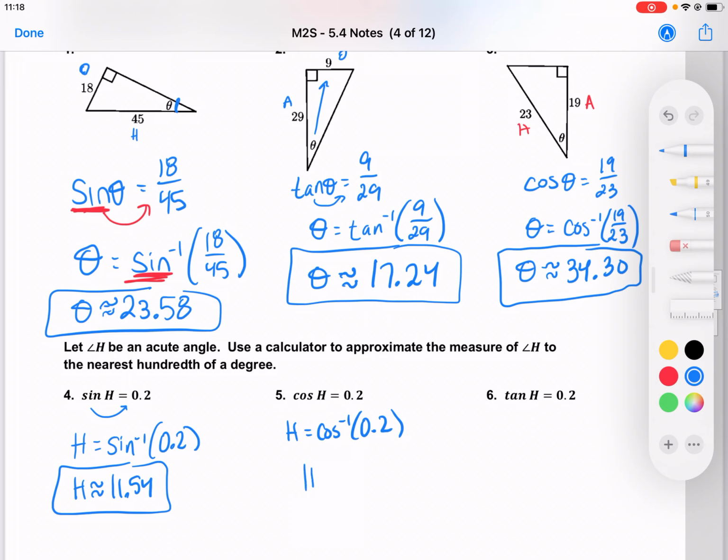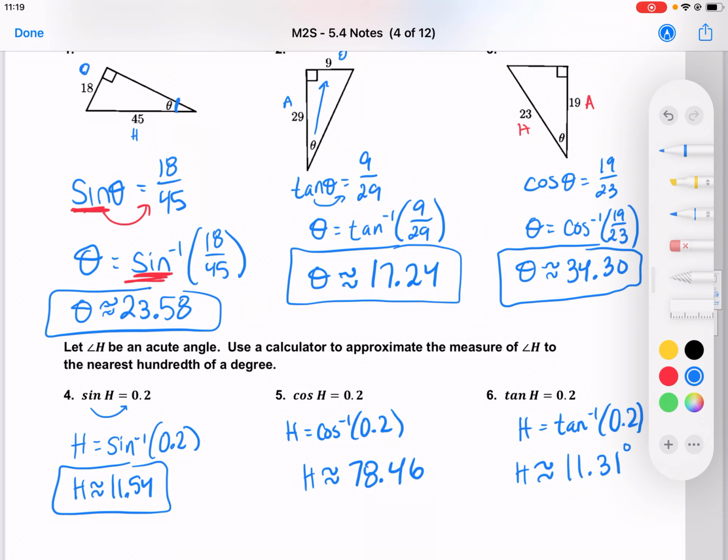This one, h would be approximately 78.46. And then our last one, tangent, so h is equal to tangent inverse of 0.2. In this case, h would be approximately equal to 11.31 degrees.